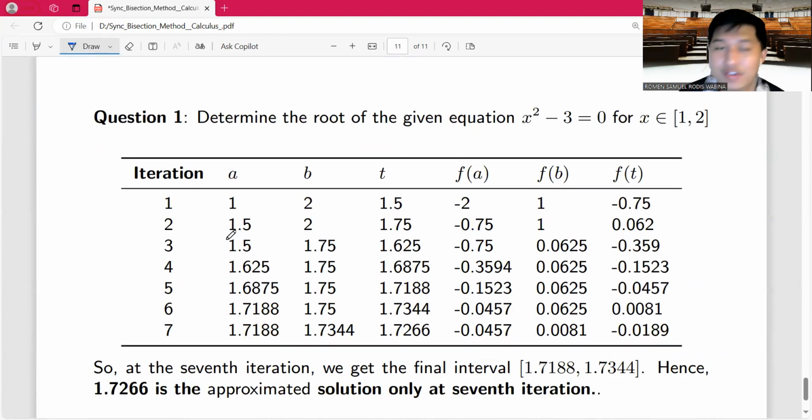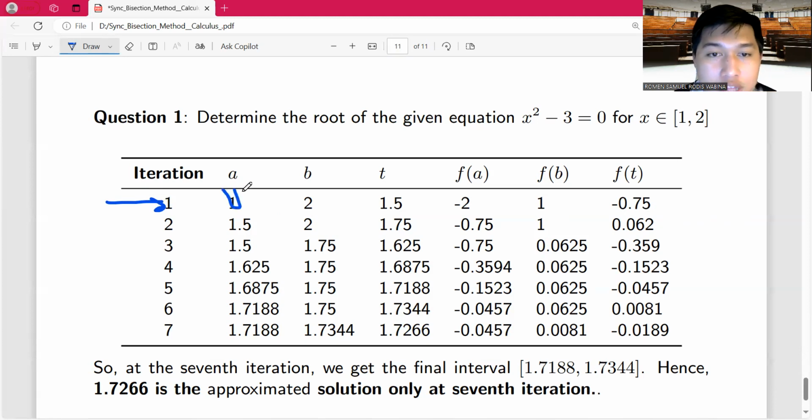Let's say we have seven iterations. The given equation is still the same, x squared minus 3 is equal to 0, for x lying between 1 and 2. So this is the example that we performed from the previous slide.